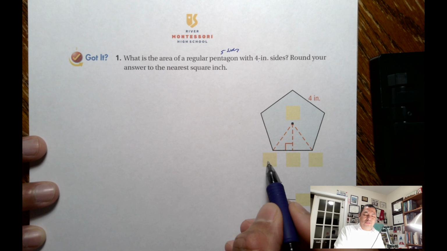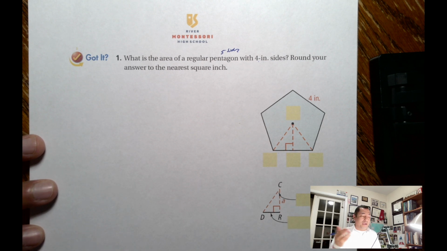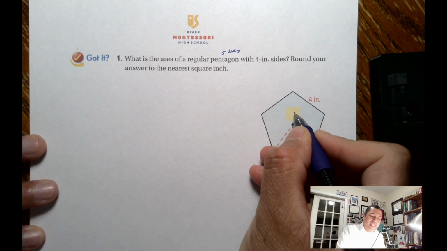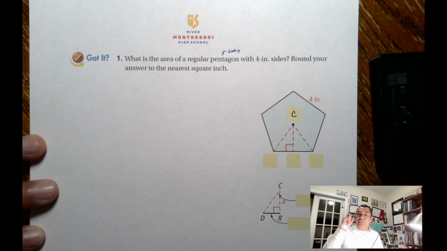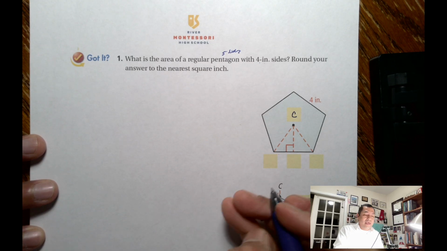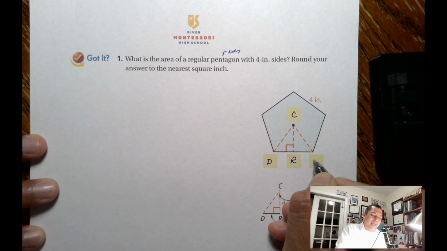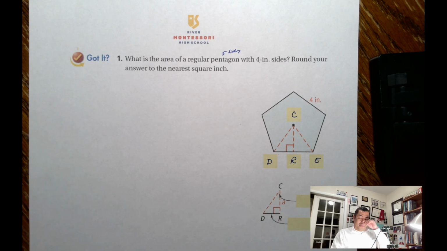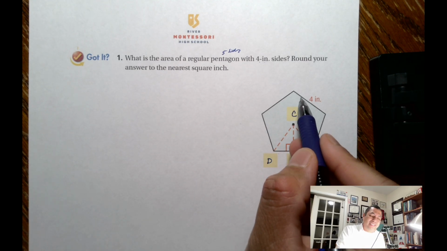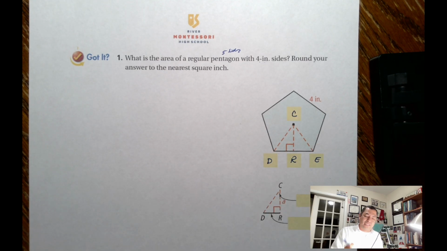Okay, you're going to label this triangle. It's up to you what you want to do. I'm going to use C here because it's the center point. And for these ones, you can use D, R, and E, or A, B, F, whatever you want to do. I know that this side here is 4 inches.